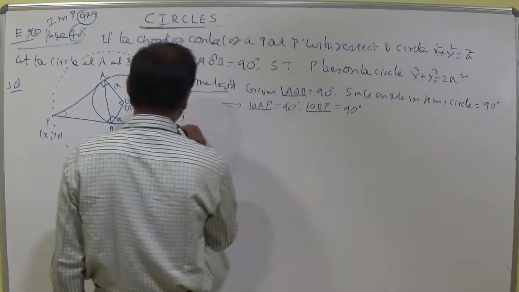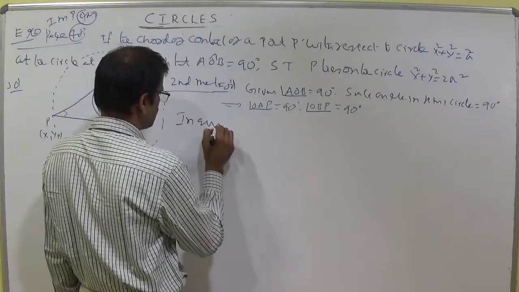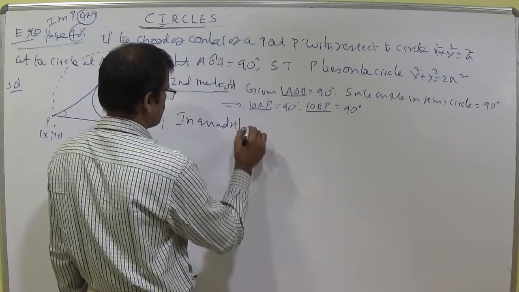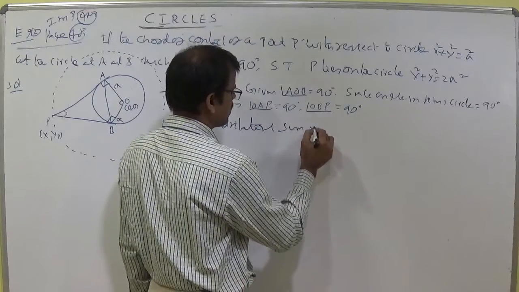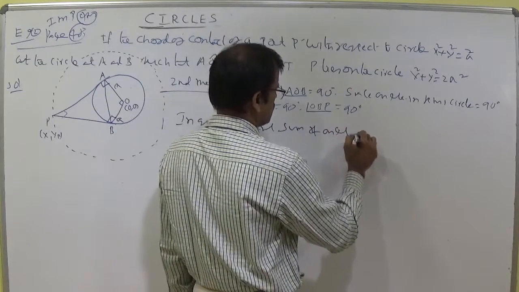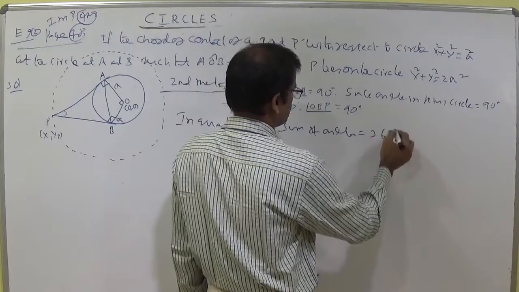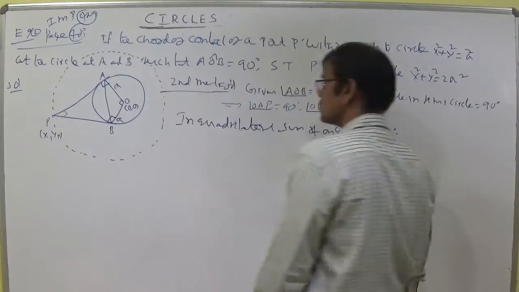Next, in the quadrilateral, this is the main point: the sum of angles is equal to 360.